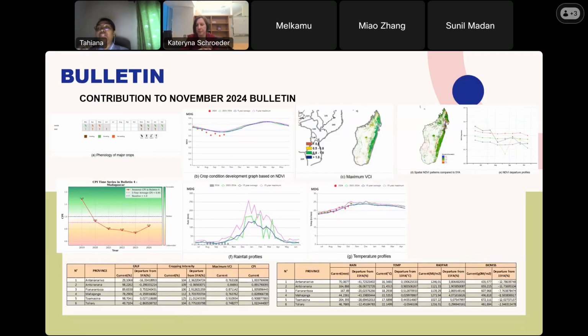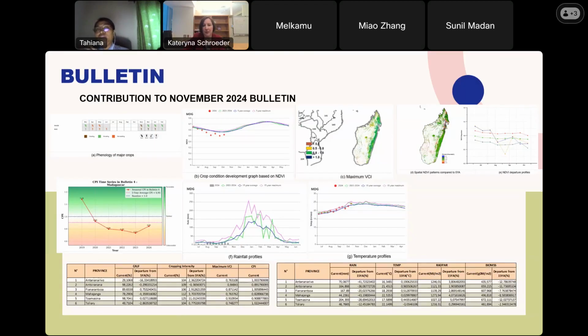Inside the bulletin there are many parameters, as Dr. Mayer explained before, like climate data, agroclimatic data, temperature and precipitation.